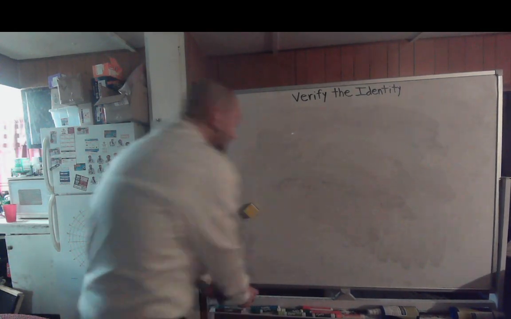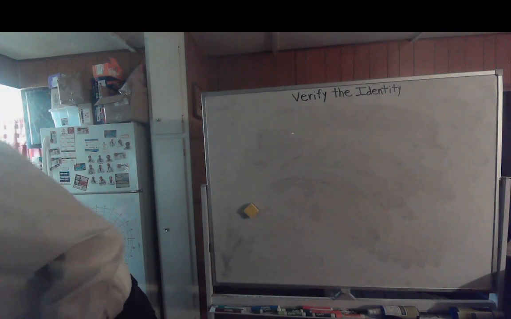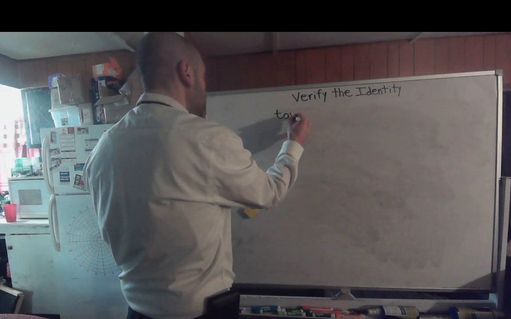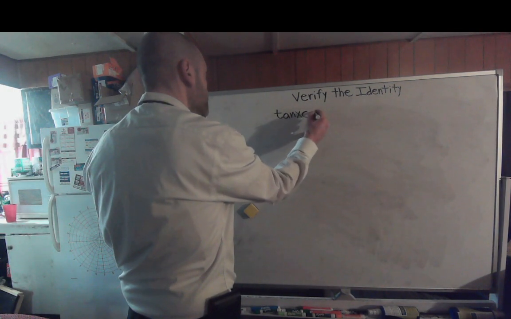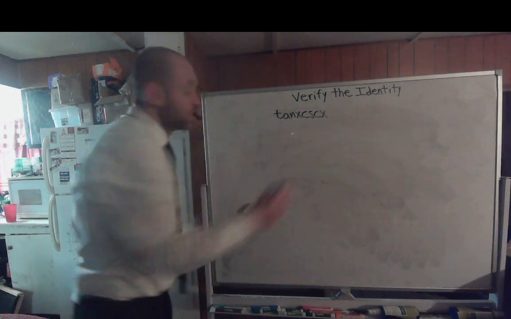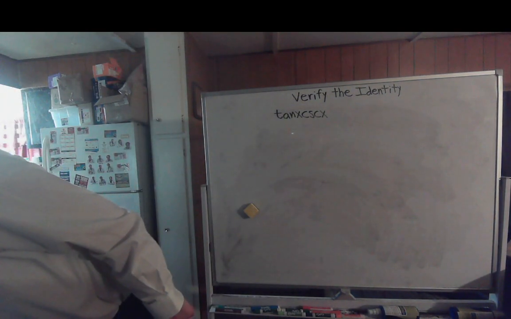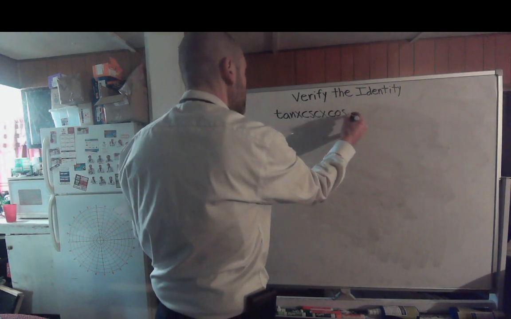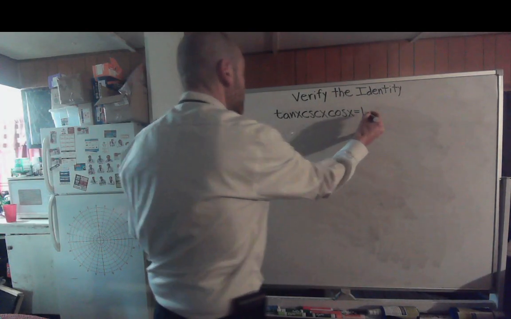Alright, what do we got next? We have the tangent of x times the cosecant of x times the cosine of x equal to 1.